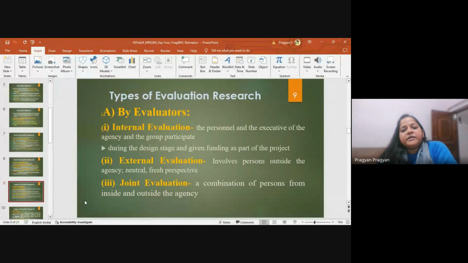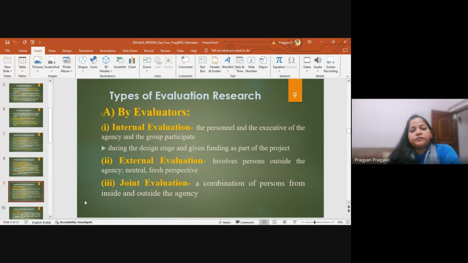Then the third type is actually a combination of those first two categories. That is, some evaluation team can incorporate both executives and personnel from that particular group or agency, as well as executives who belong to other agencies.